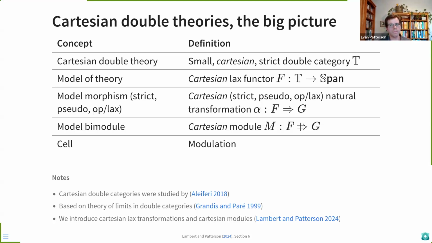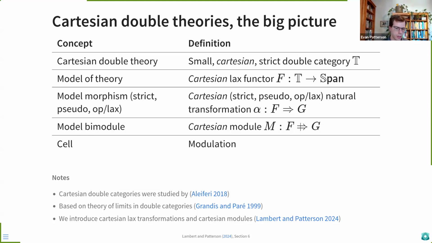A slick way to say it is that it's a Cartesian object in the 2-category of double categories, double functors, and natural transformations. This was the sense in which it was introduced by Evangelia Aleiferi in her PhD thesis.